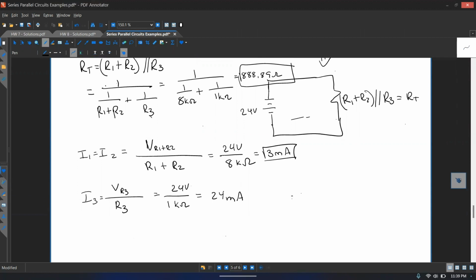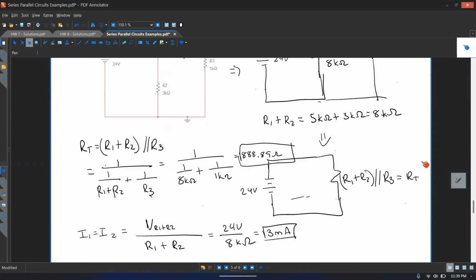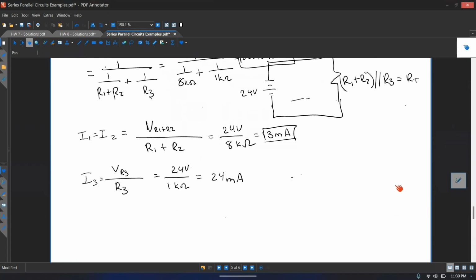And so we know that the current that's flowing in the direction of R1, R2, and in the direction of R3, you add those two up together, you should get I total. And so let's do just that. And that's Kirchhoff's current law.